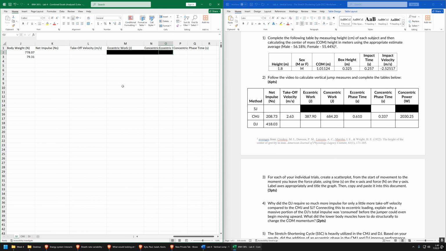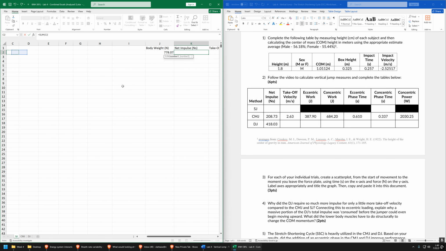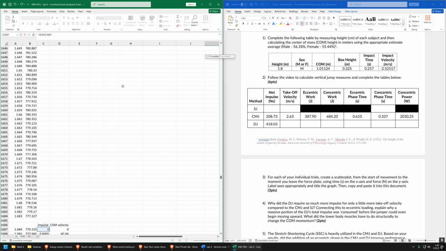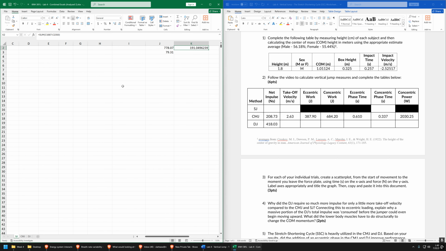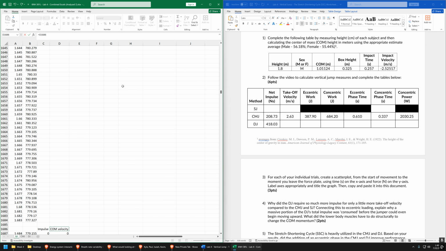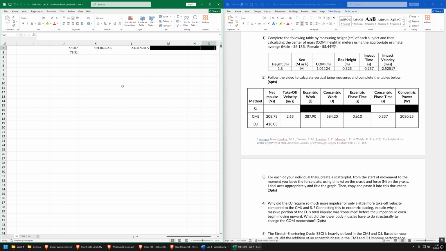Just a couple things we need. Net impulse. That's just going to be the sum of the impulse. Takeoff velocity, just the last velocity right before takeoff. And then concentric phase time.